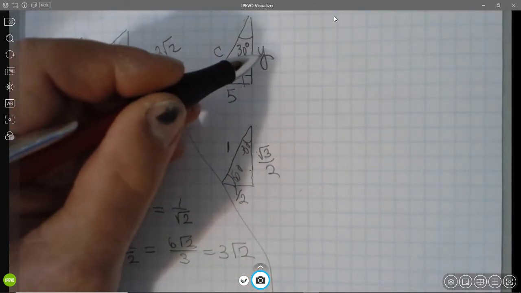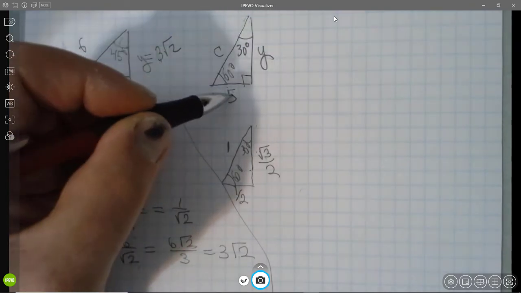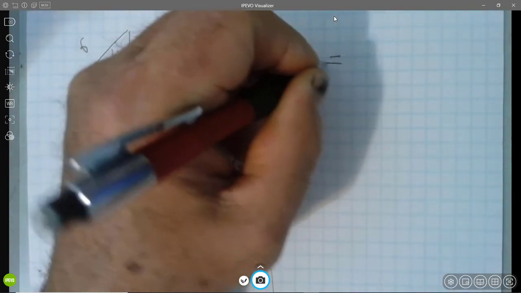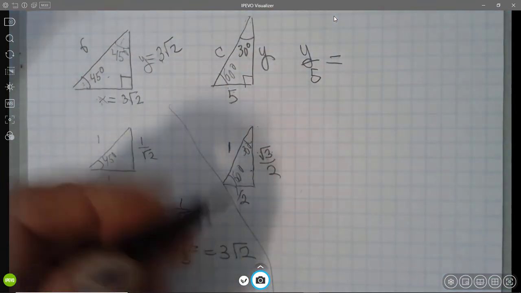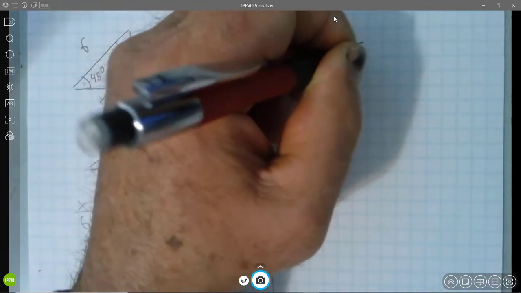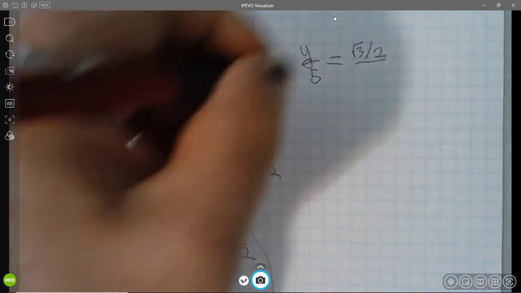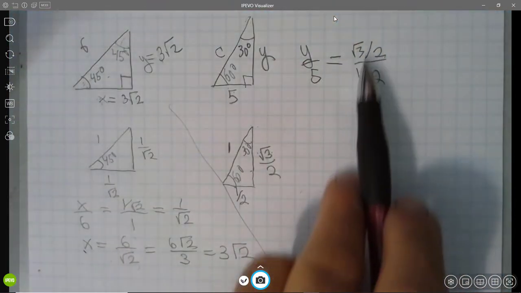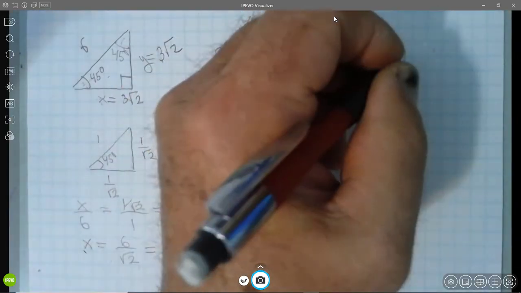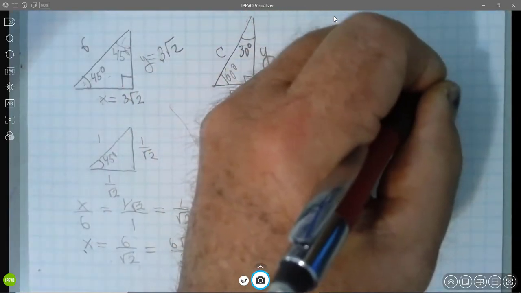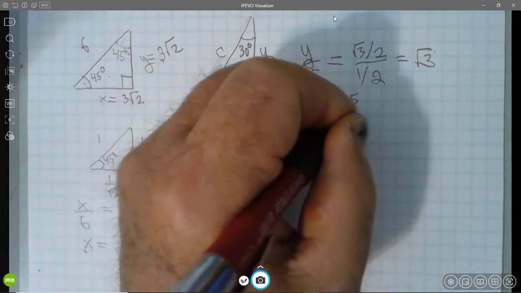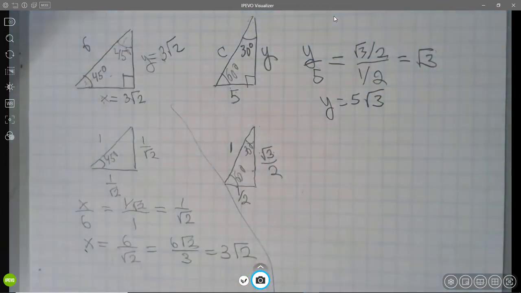This longer leg is to the shorter as this longer leg is to the shorter. Now multiplying up and down by 2, that just gives us root 3. So if I multiply both sides of this equation by 5, I get 5 root 3.